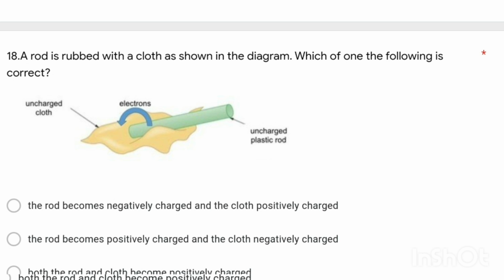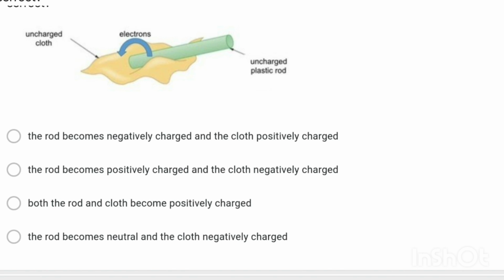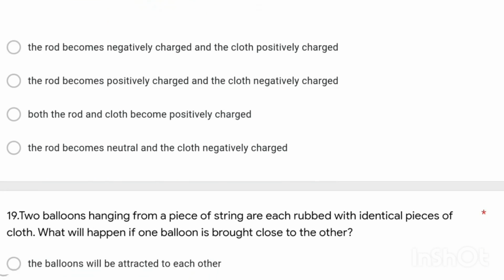As per the concept of electrostatics, the material which donates electrons will develop negative charge, and the material which receives electrons will develop positive charge. So here, as per the diagram, the cloth should develop positive charge, whereas the rod should develop negative charge. As per the options, the first option will be correct: the rod becomes negatively charged and the cloth becomes positively charged.